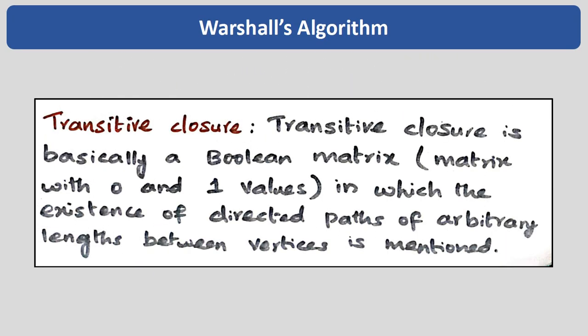Okay, what is meant by transitive closure? See, it is actually a Boolean matrix. Matrix in the sense the values will be either 0 or 1. That means we are going to construct a graph, right? So if the graph is given, or if you are constructing the graph from the values, if it is 0, that means there is no connection.